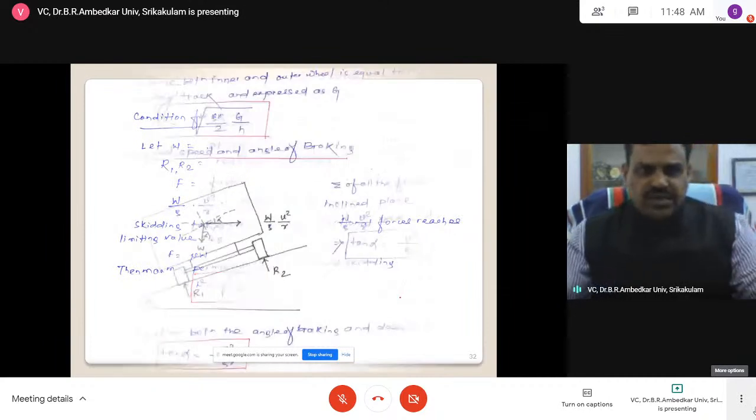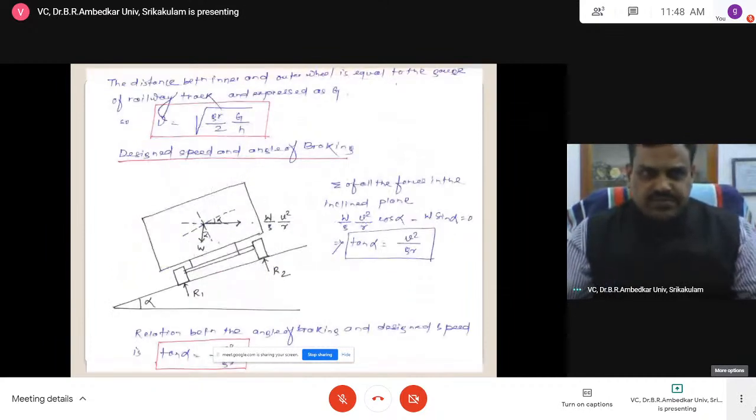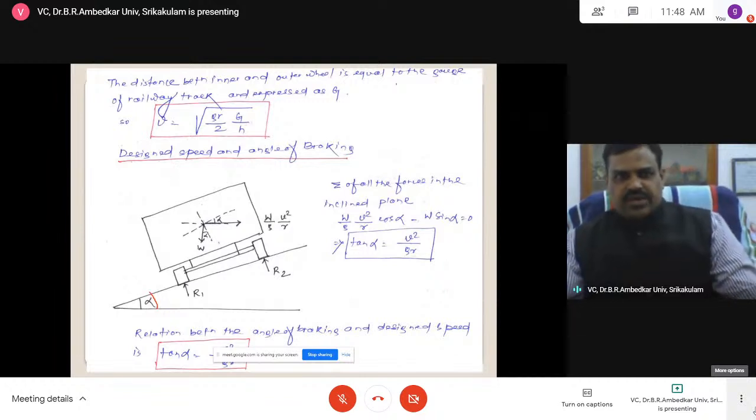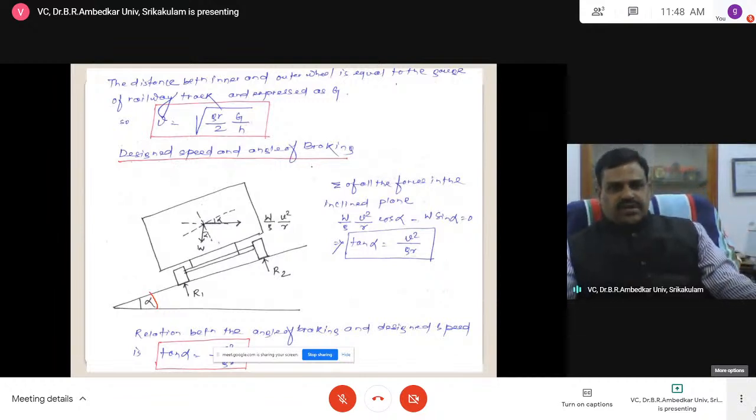Now let us see a curved path with an inclination alpha. The desired speed and the angle of banking. Now, if you can see, this is the force we have to resolve. This is the W acting downwards.